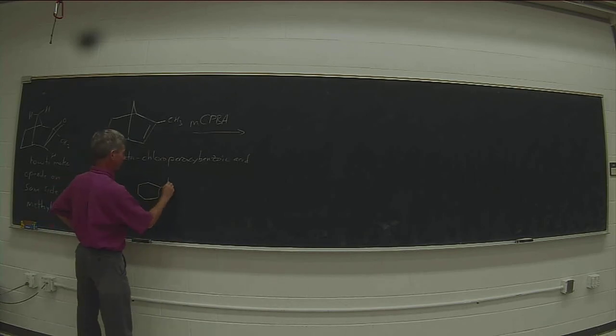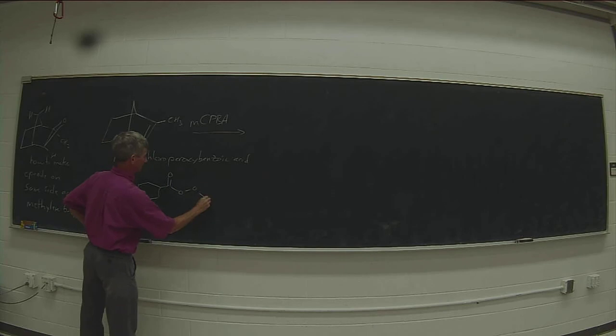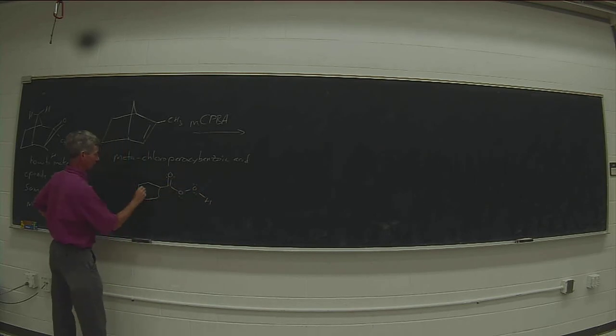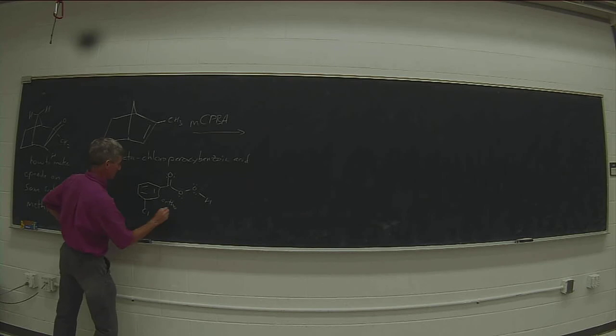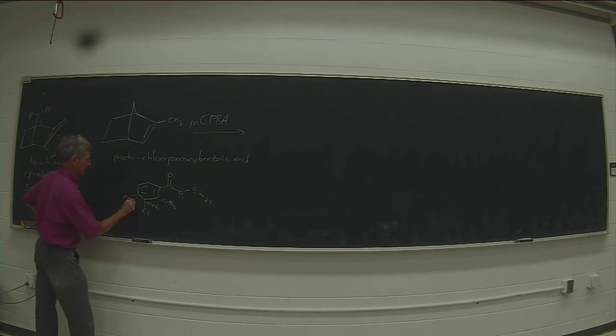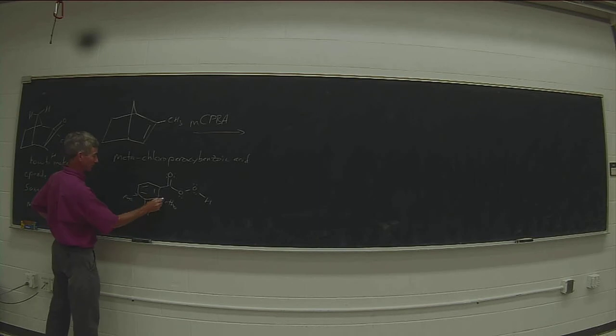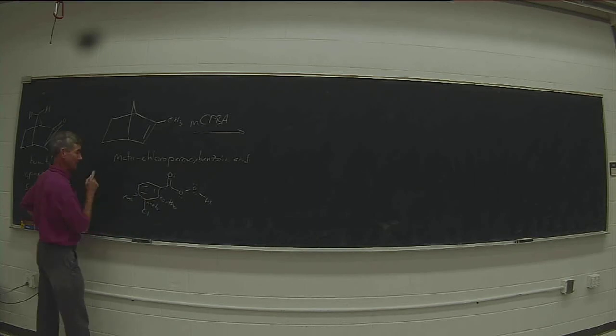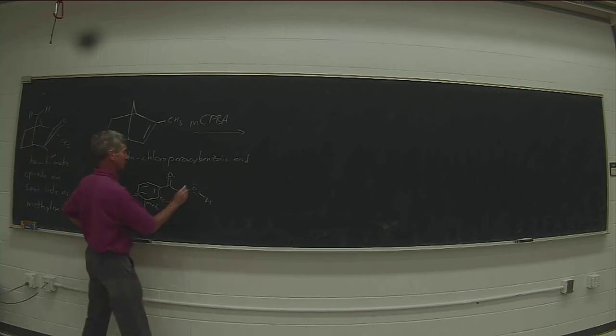It's a peroxy acid, so we have that oxygen-oxygen bond, and the chlorine is in the meta position of an aromatic ring. The 2 position is called ortho, the 3 position is meta, the 4 position is para, so the chlorine is here. The electrophilic oxygen is this one.